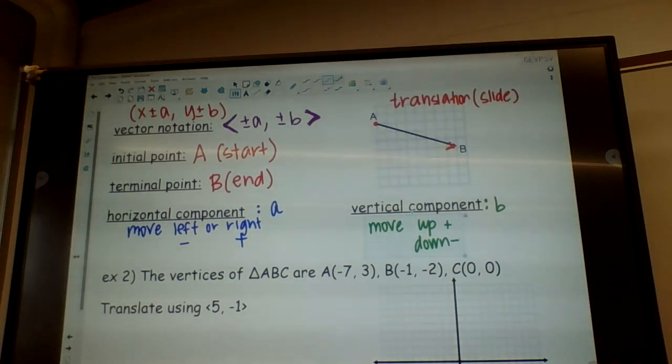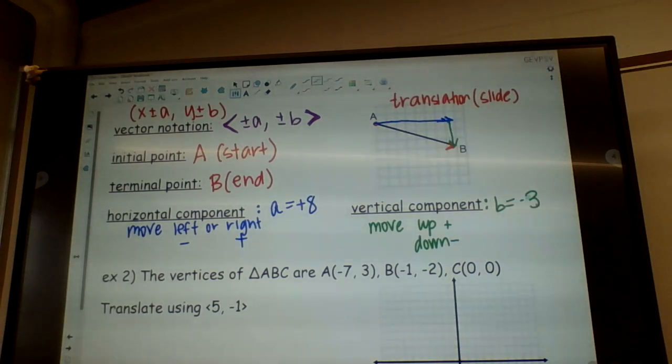So when we're talking about this, I would slide this over, I believe it's 8, to the right. And then I would go down 3. So the way we would write this in vector notation, we'd write 8 comma negative 3. And if I use the brackets around it like that, then it's considered vector notation.